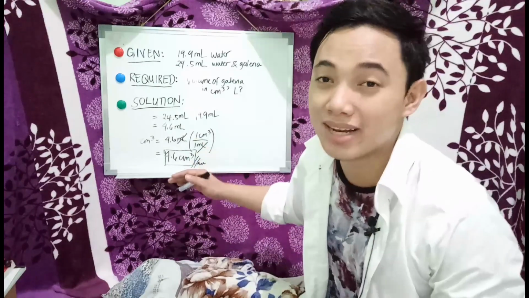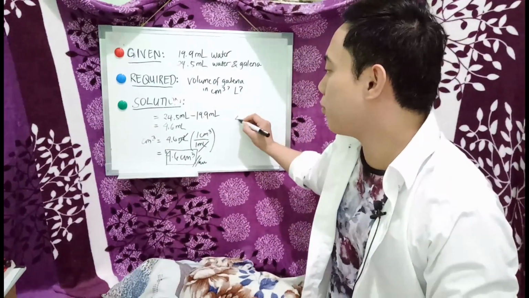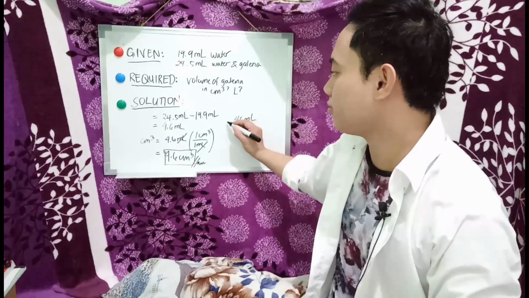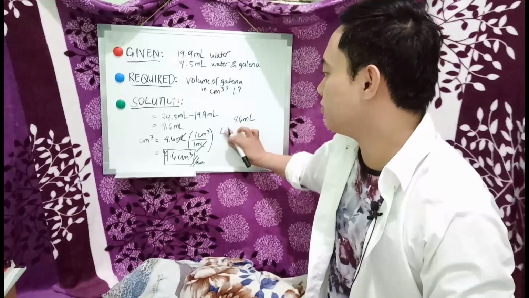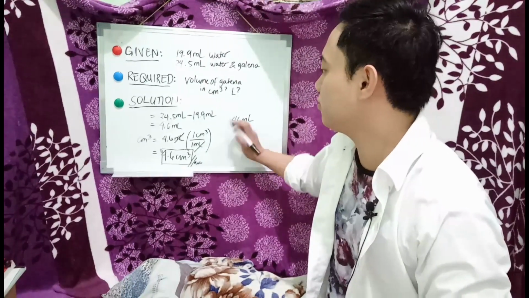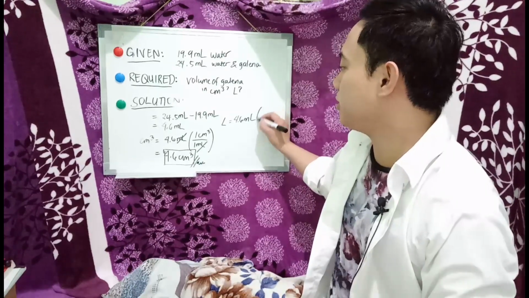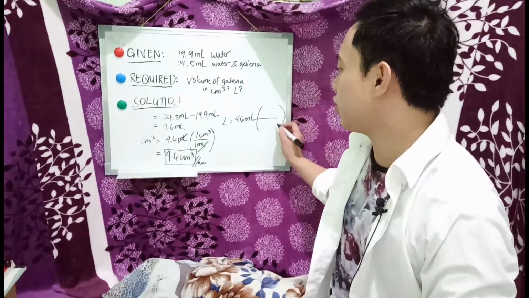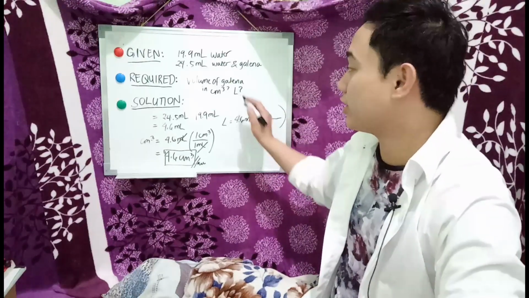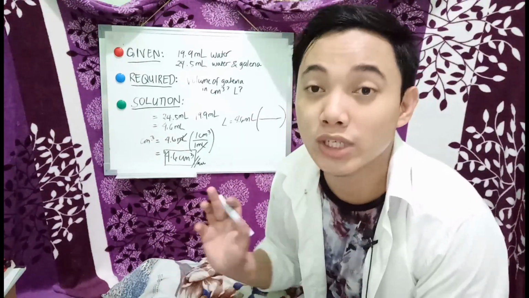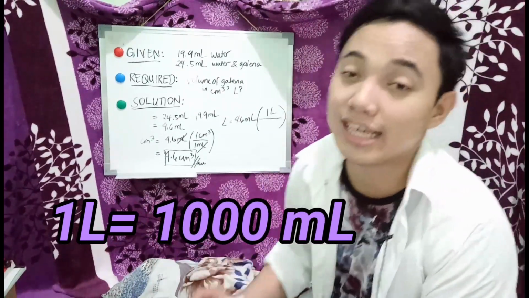Tapos, kung i-convert naman natin siya in liters, kasi dalawa yung hiningi, in liters. So, from 4.6 ml, gawin mo siya in liter. So, yung 4.6 ml, i-multiply mo lang siya sa conversion factor. Kasi, i-convert mo yung ml to liters. So, sa isang litro, in 1 liter, ilan yung ml?